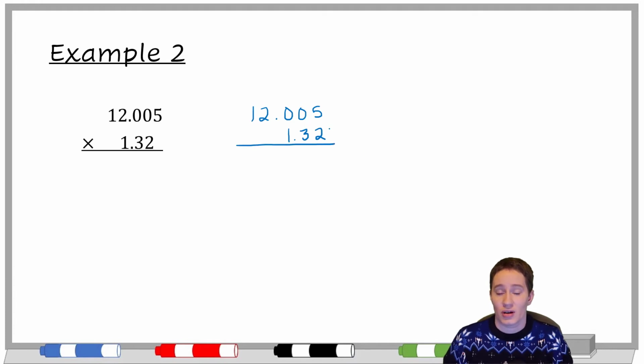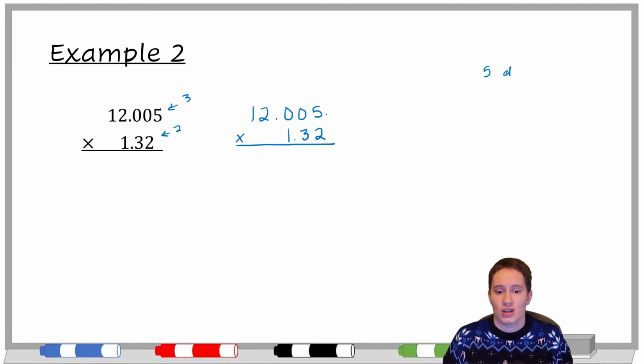If, however, you like it better with the decimals lined up, that's fine too. Just know that you've just got to keep track of where things go. The rest of the work actually can look exactly the same, no matter which way you line these up. So let's see, we've got 3 decimals and 2 decimals, so our answer should have 5 decimals.